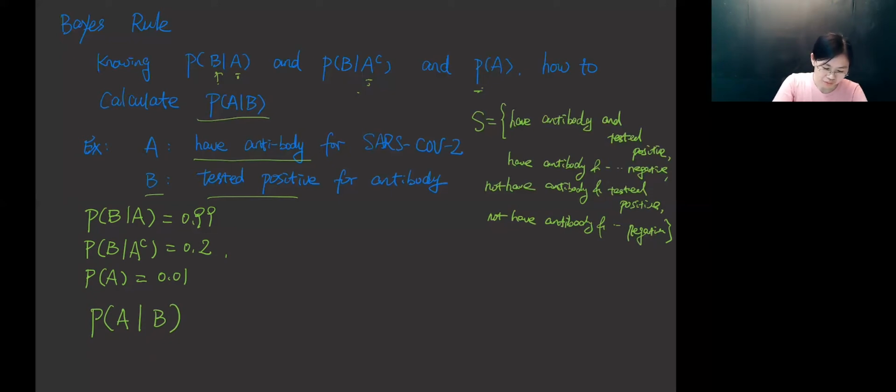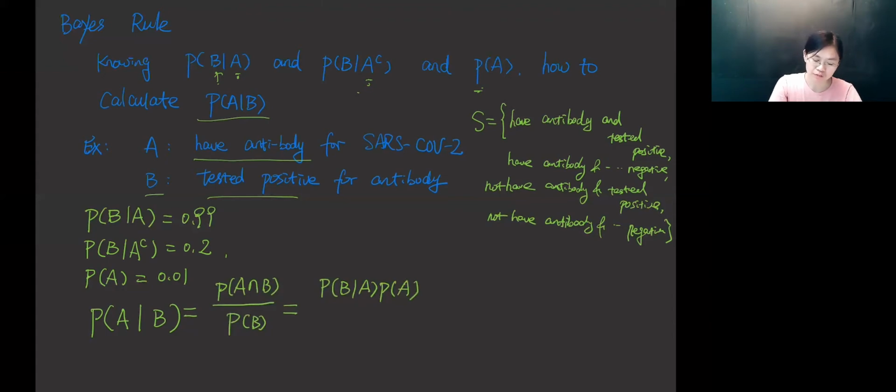Now we can use the conditional probability formula, that's P of A and B divided by P of B. The probability of A and B can be written as P of B given A times P of A. This is using the conditional probability formula.